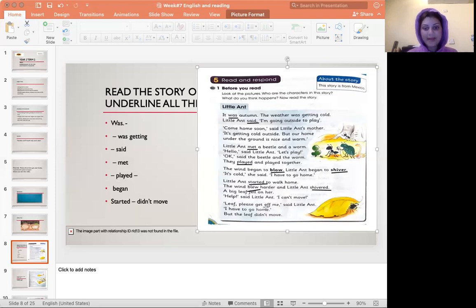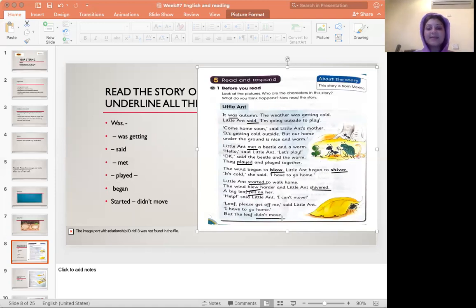A big leaf fell on her. Help, said Little Ant. I can't move. Leaf, please, get off me, said Little Ant. I have to go home. But the leaf didn't move.